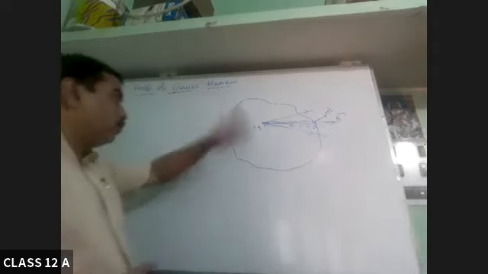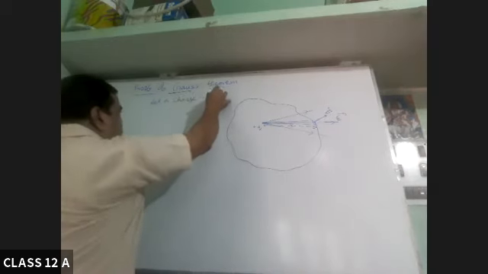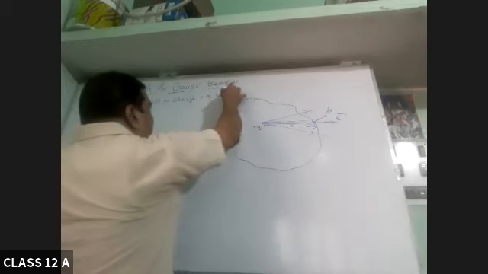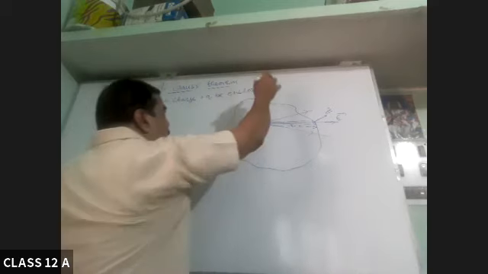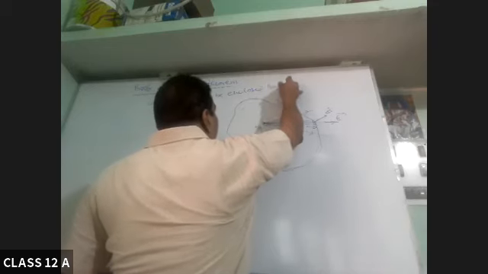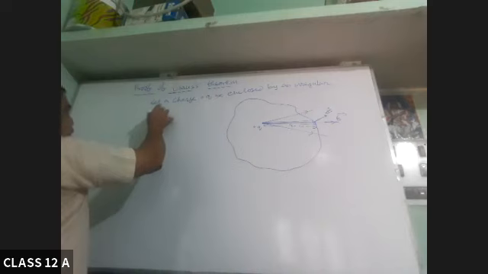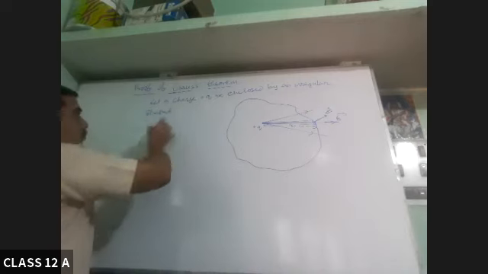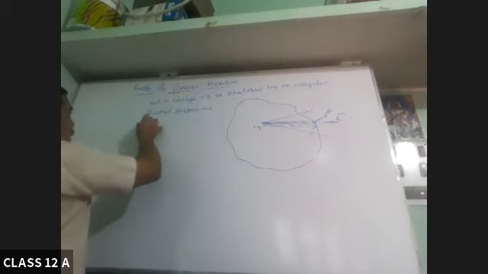So if you are asked to prove that, then we will start. Let a charge Q be enclosed by an irregular shape, as shown in the diagram.